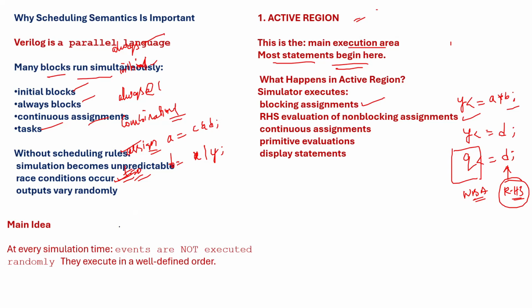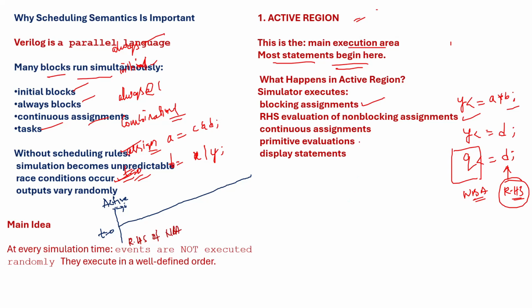This is the timeline, and this is my active region. At t equal to 0 time, what are the things executing? The RHS side of the NBA. The RHS of the NBA is executing in this region only.